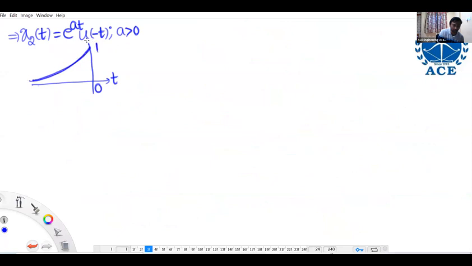Negative time. As it is multiplied by u of minus t, it is covering only negative time or not? So it is called an increasing or growing exponential. Now you tell me how to get the Fourier transform of this signal.